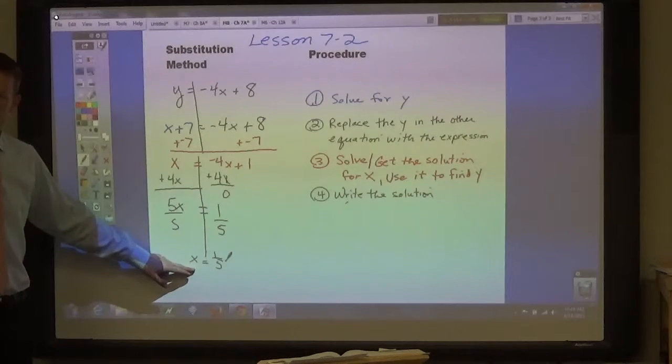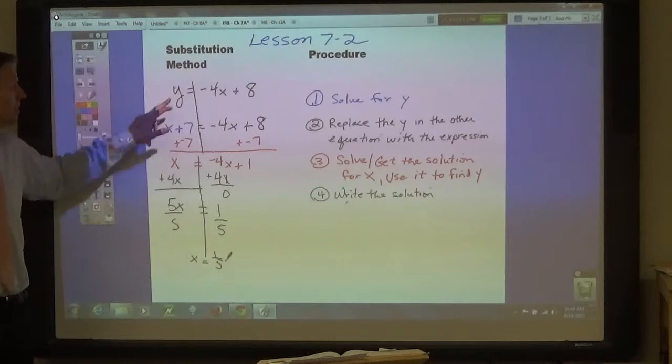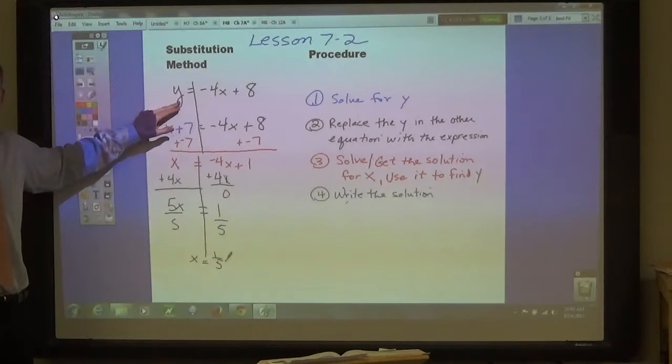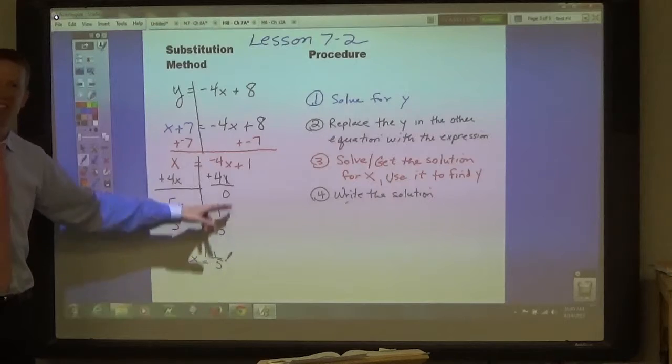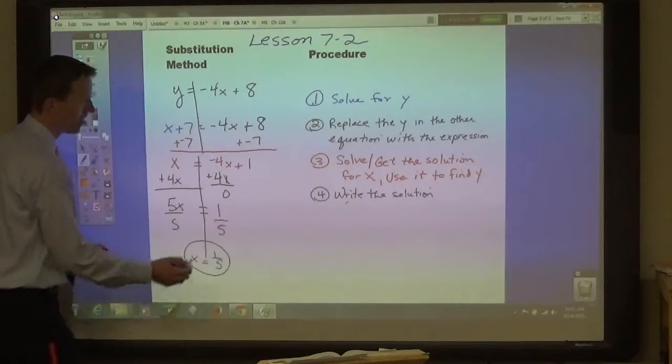Now, since we know what x is, we can find what y is. We don't know what y is yet. So y equals negative 4x plus 8. Right, but what's the number? Then you use the substitution method again. Negative 4 times 1/5 plus 8.